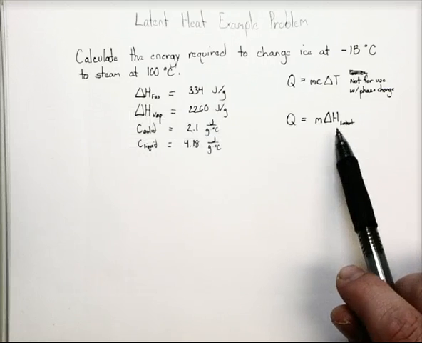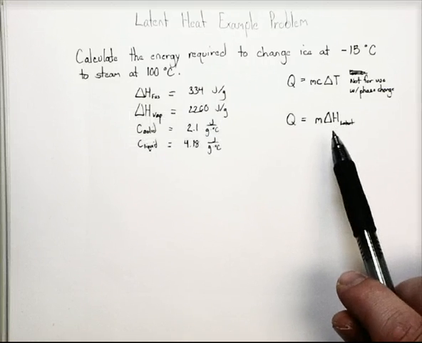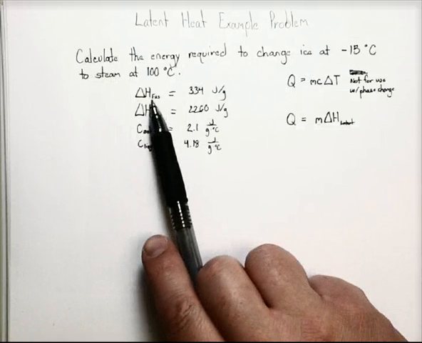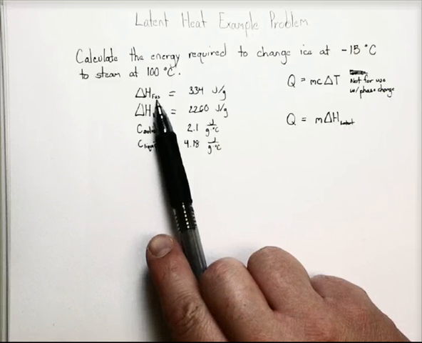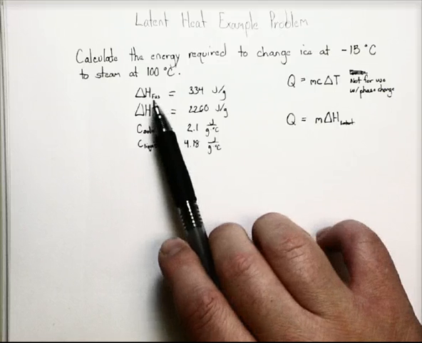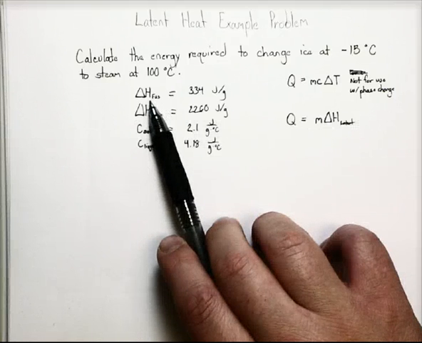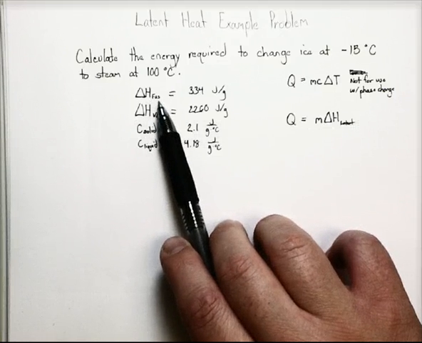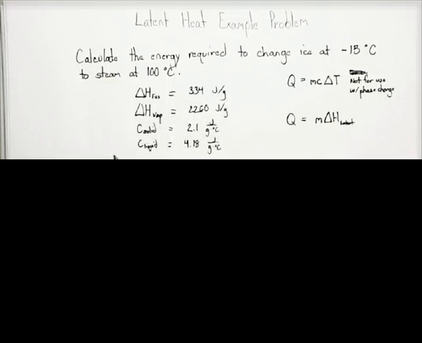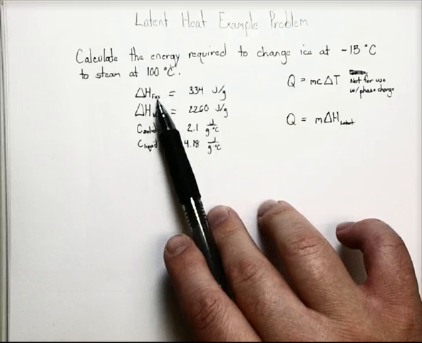If you're going between solid and liquid, so that is either melting or freezing, you use what's called the heat of fusion. If you think about liquid water freezing, those atoms are kind of fusing together. So the latent heat of fusion is the energy that's used to either freeze or melt whatever substance you have.